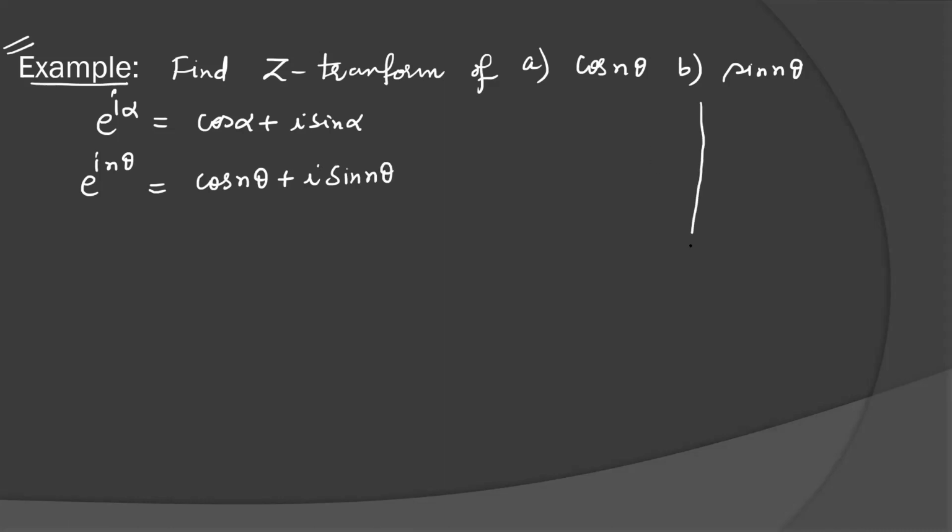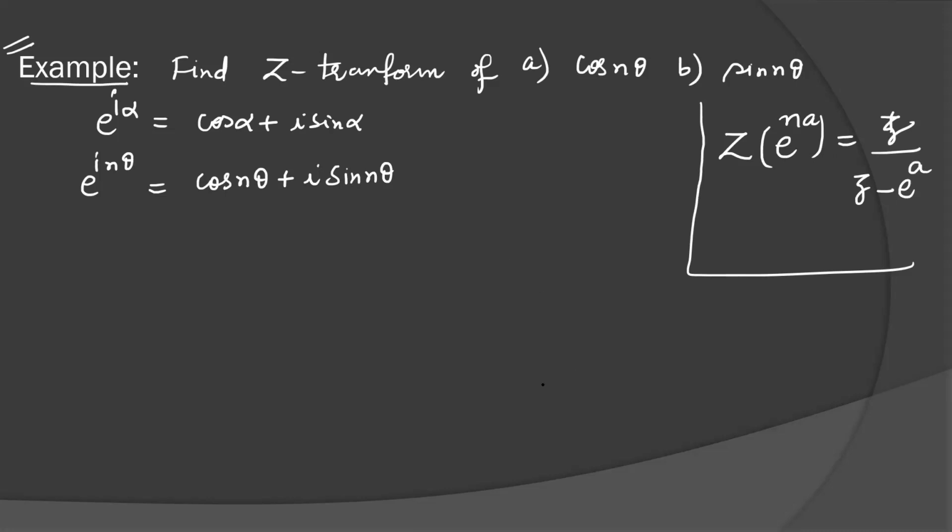You remember part 1 lecture, I told you the Z transformation of e to the power nA is equal to Z over Z minus e to the power A. If you remember, I discussed this Z transformation.